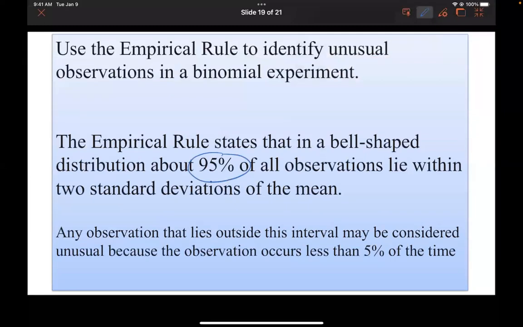And anything less than 5% of the time is considered unusual. We already had this discussion before, but I am reinforcing this. If it occurs less than 5% of the time, it is considered unusual. It goes with that whole outlier thing.